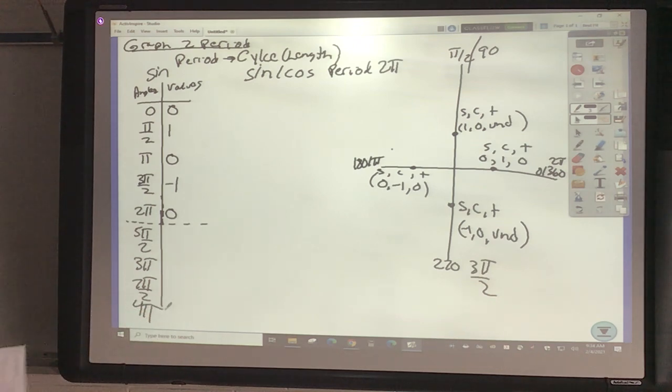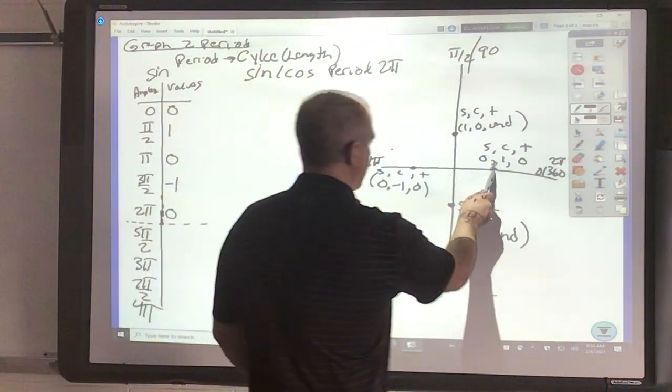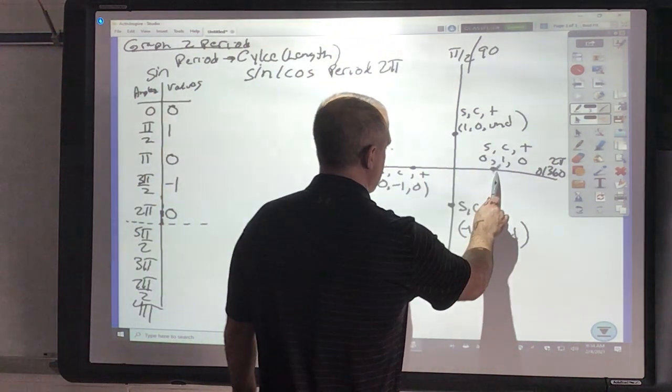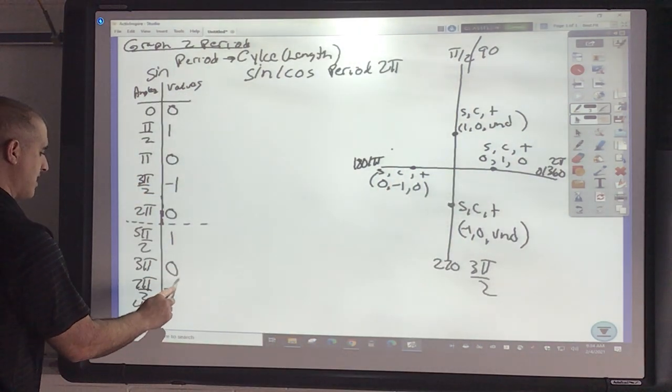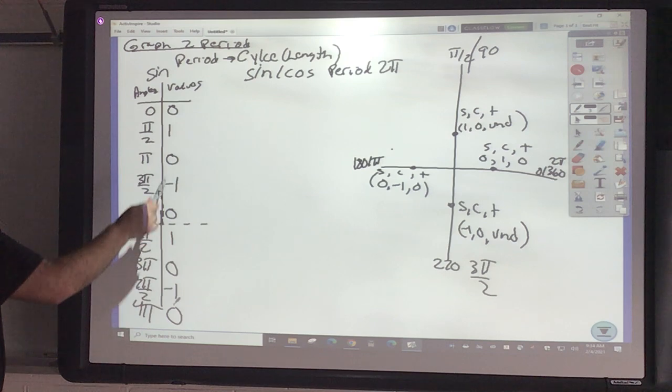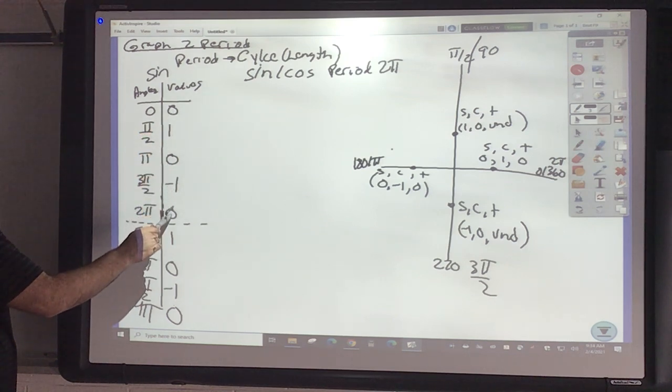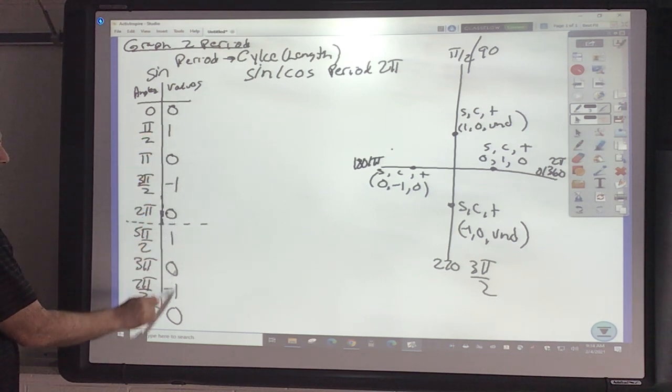As you notice the pattern in the fractions, pi over 2, 3 pi over 2, these fractions are odds. And then the values: we cycle one time through. Now I'm going to go again. So that's 1, then 0, then -1, then 0. After it passes through the negative, it goes to 0, then back through.